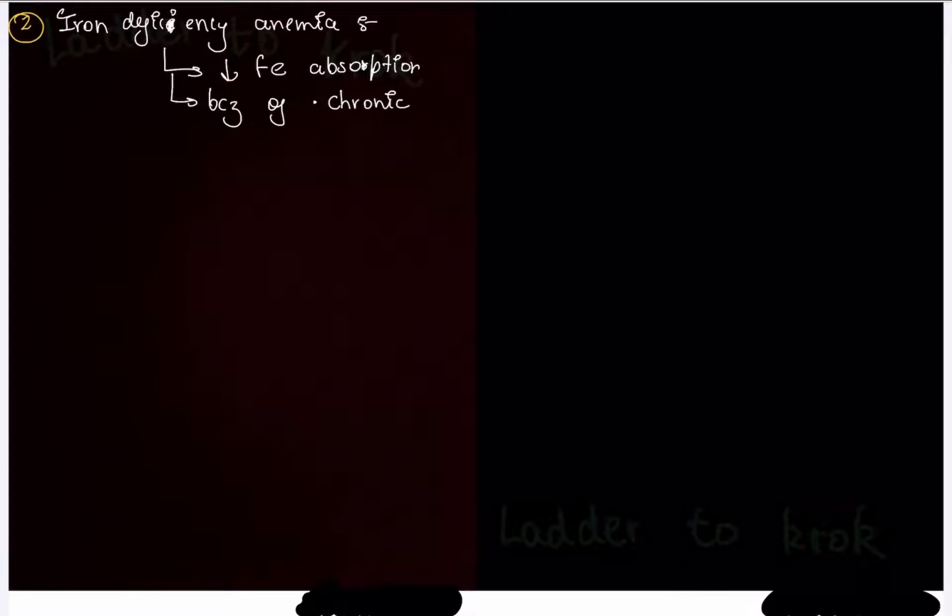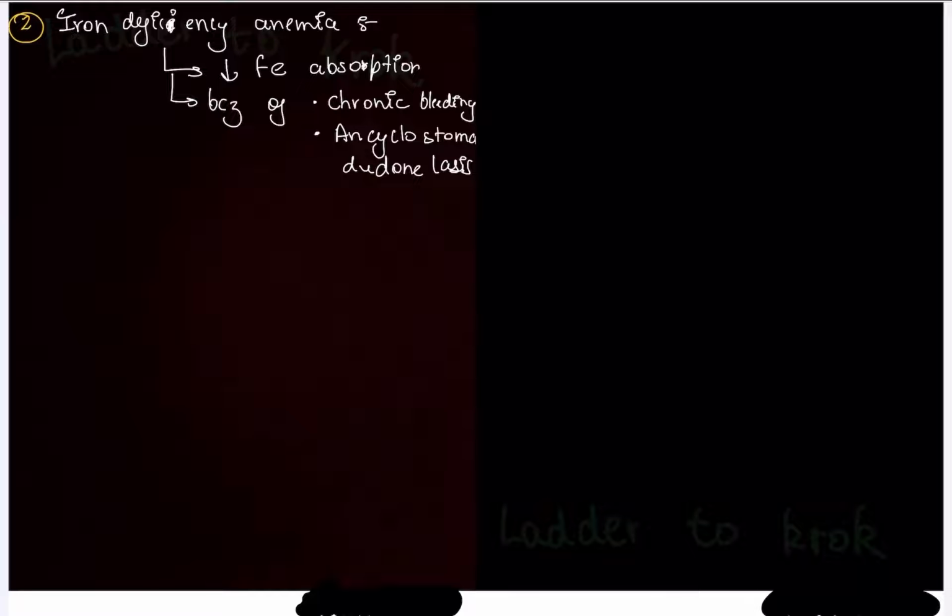Chronic means long term. Or there is one thing, I hope you already studied about this in med bio: Ancylostoma duodenale. This is a worm that stays in your duodenum, and it causes a lot of bleeding in your intestine.